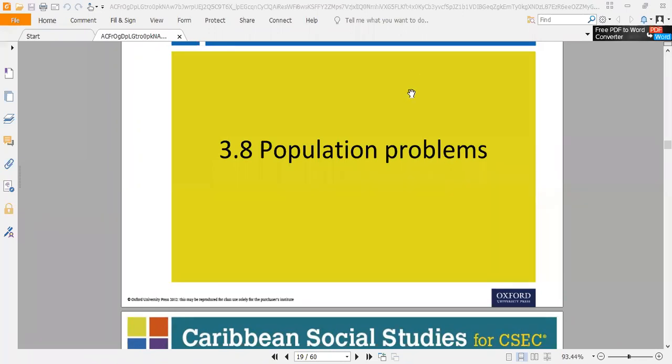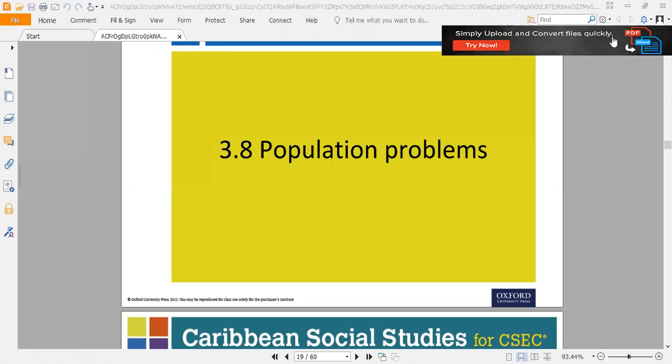Overpopulation, awesome, good. Natural disasters, excellent. Smith, we only want you to do one, not so much. All right. So depletion of natural resources, good. Death, very good.